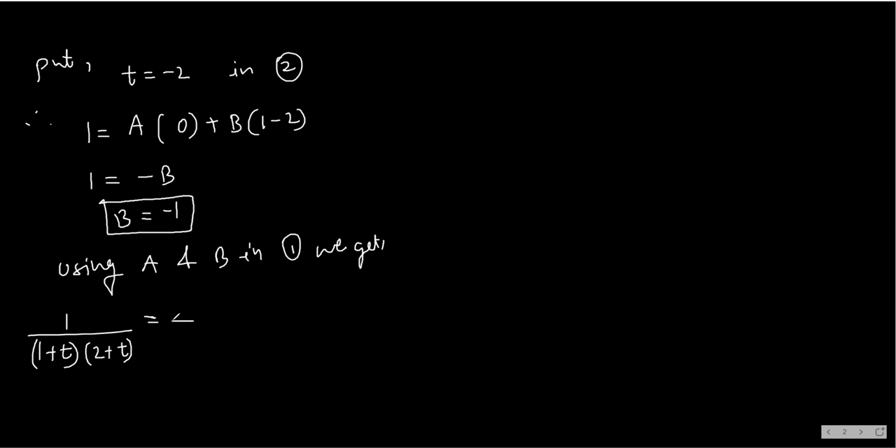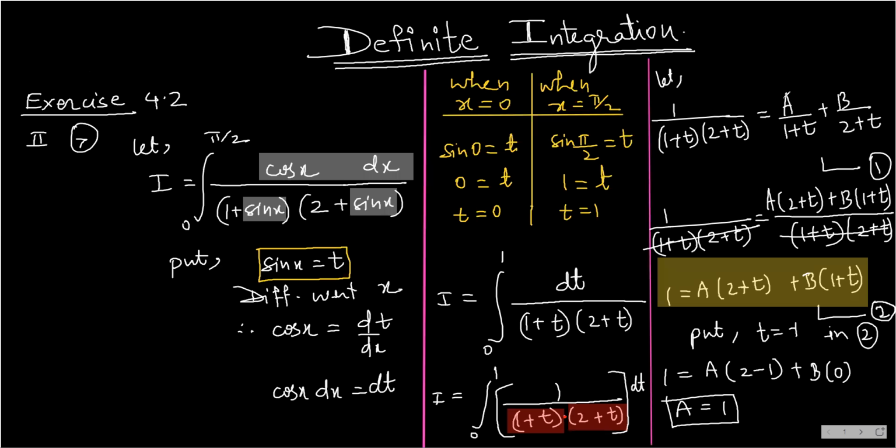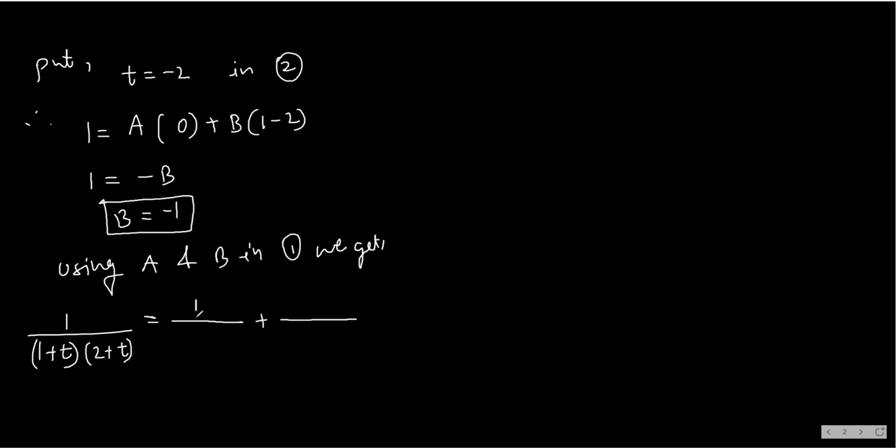You had assumed it to be a upon 1 plus t plus b upon 2 plus t. So a is 1, so you have 1 upon 1 plus t, plus minus 1 upon 2 plus t. That is 1 upon 1 plus t minus 1 upon 2 plus t. This is 1 upon 1 plus t into 2 plus t.